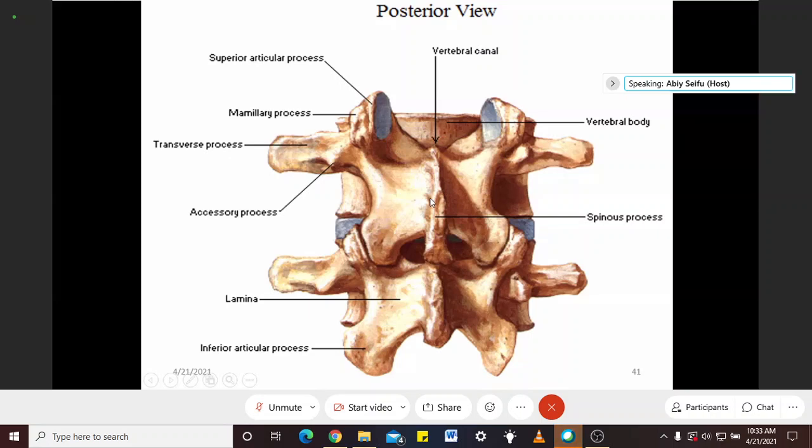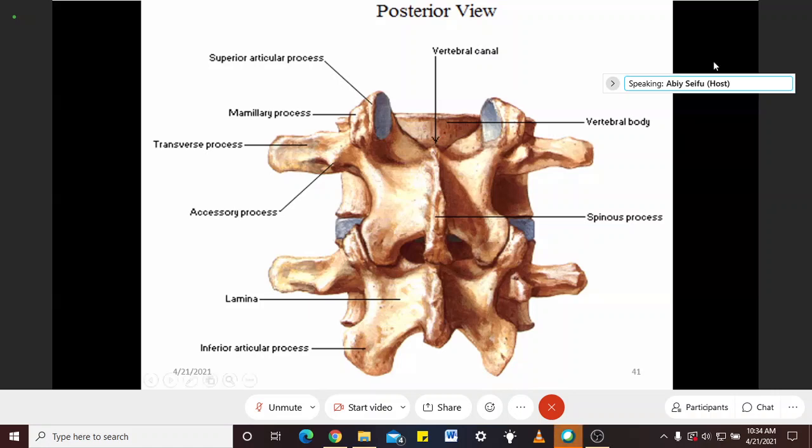When you say spinous process, it is spine-like in appearance, as you have experienced in the upper thoracic vertebrae, but here it is rectangular, and extends from the upper part of the lamina to the inferior part of the lamina. This one is the lamina. The lamina is a sheet-like bone that forms the posterior wall of the vertebral foramen. You see, the vertebral foramen.